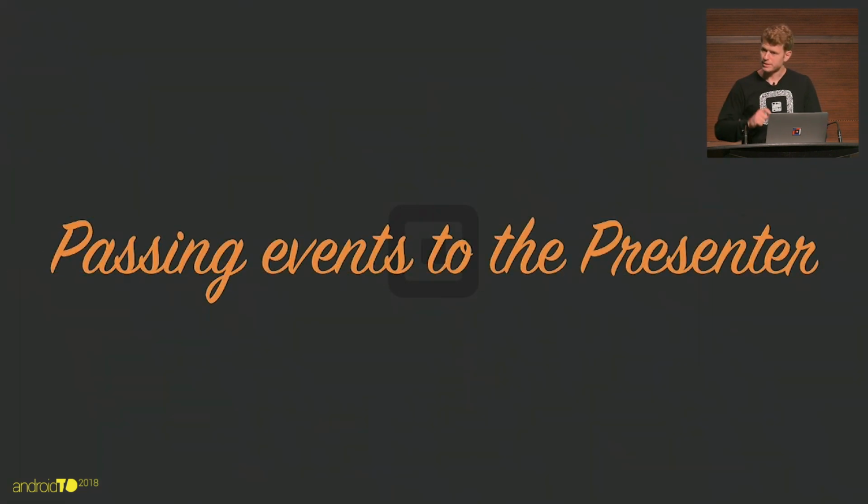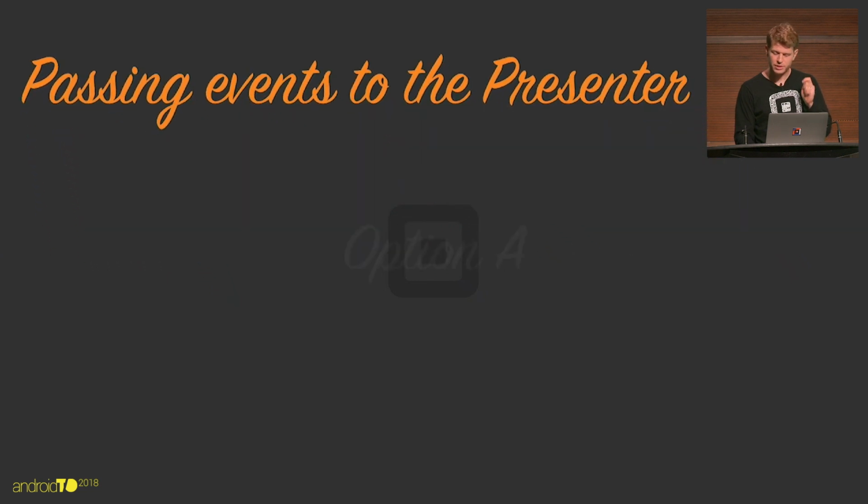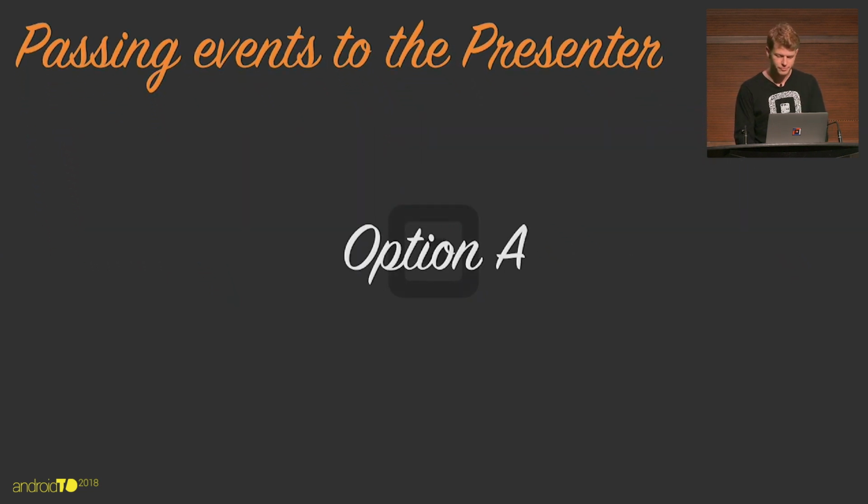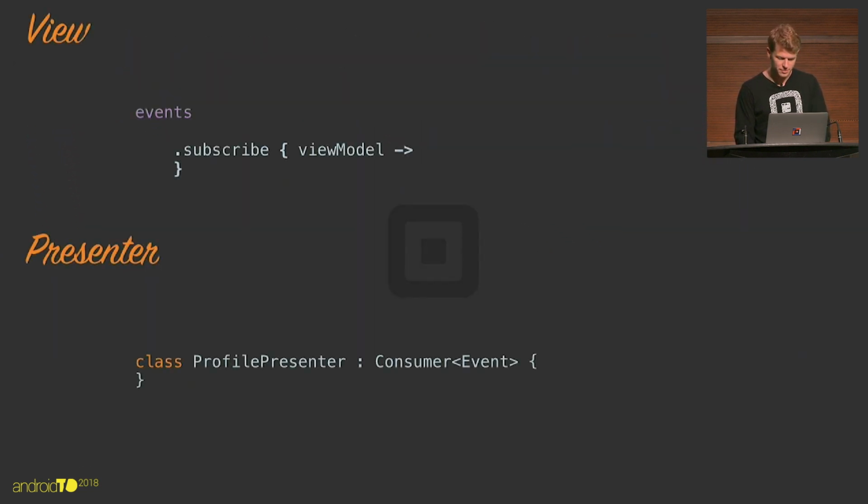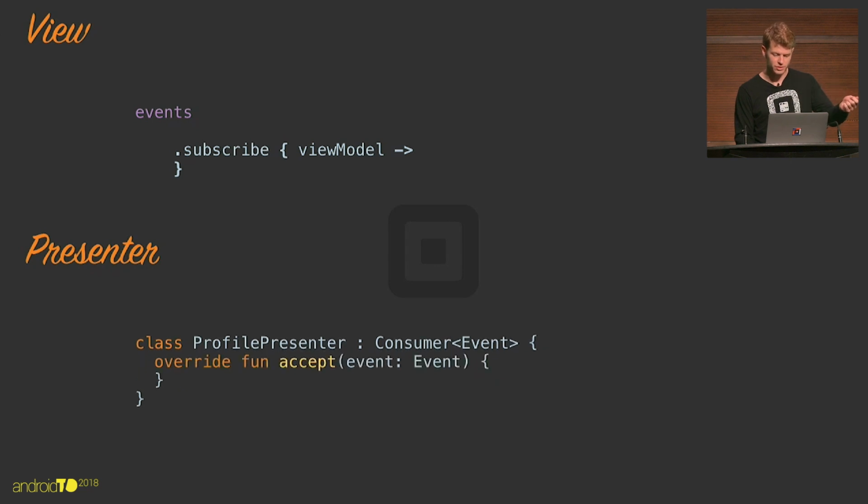And so how to pass one stream to the presenter and how to get one stream from the presenter is what we're going to see now. There are many ways to pass the events to the presenter. First, this is an option, still true story. If we make the presenter a consumer of event, that means we can subscribe using the presenter to the event stream.